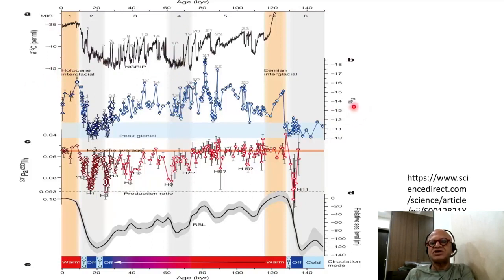So this is using another method, and you can see a similar signal here. The point of this is to look at sea level, relative sea level change. So during cold times, relative sea level is lower. A lot of the water is locked up in glaciers.